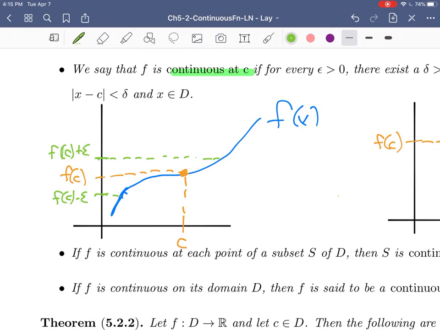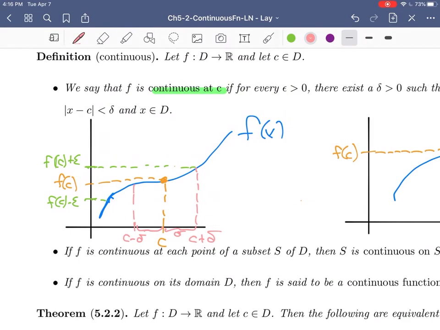We don't have to get all of that vertical window, but we want to say what restrictions we have to place on a horizontal window in order to ensure that we are in that vertical window. All right, so if we choose delta in this way for this particular function, so this is c plus delta, and then we're going to subtract that same value of delta, c minus delta.